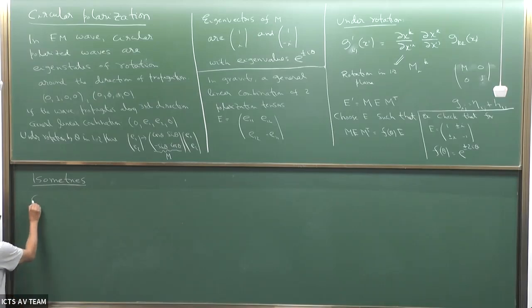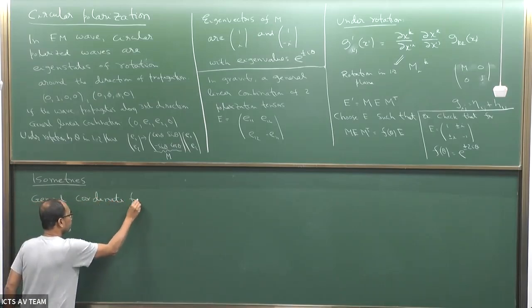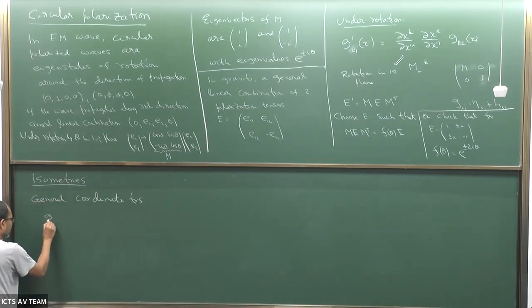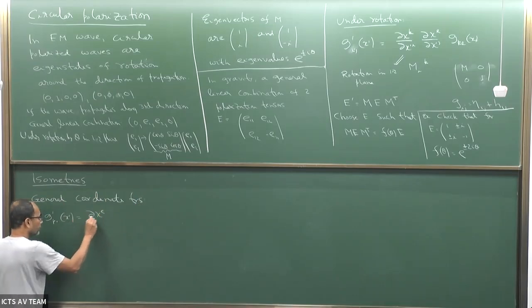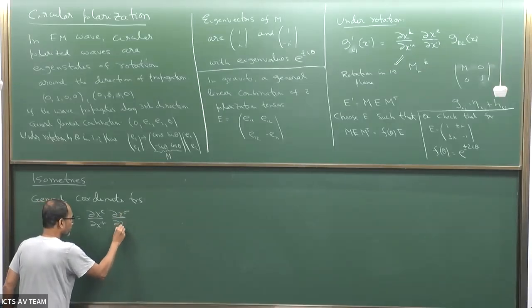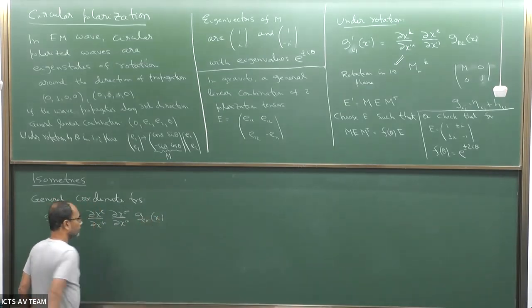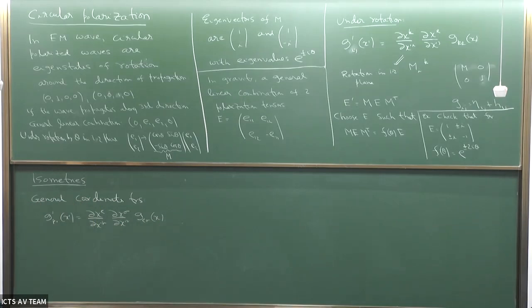Let's recall that the general coordinate transformation is g prime mu nu of x prime... this is there for any arbitrary spacetime.